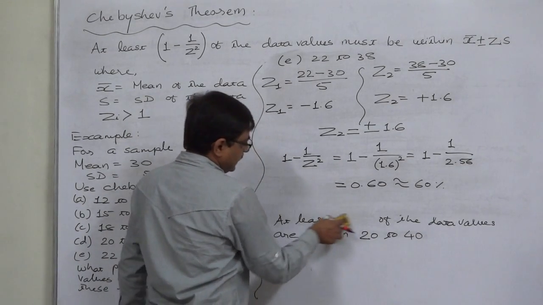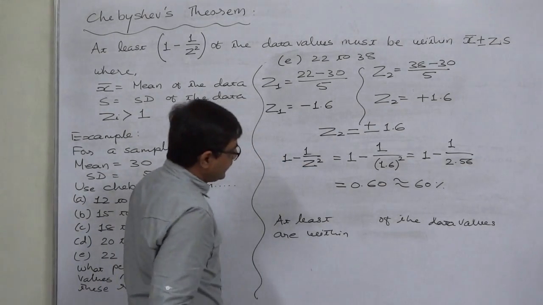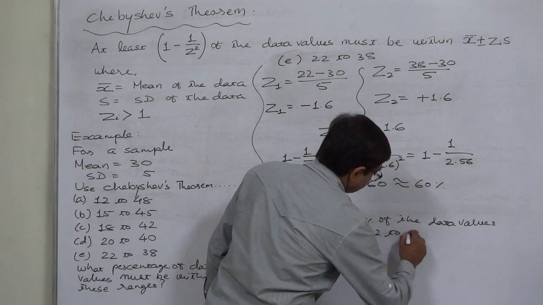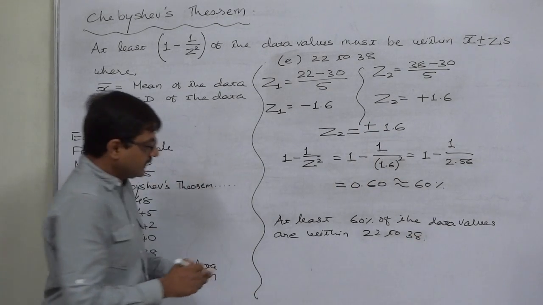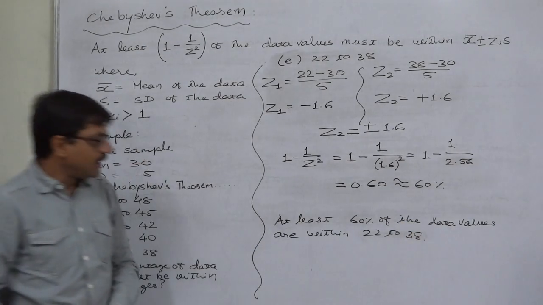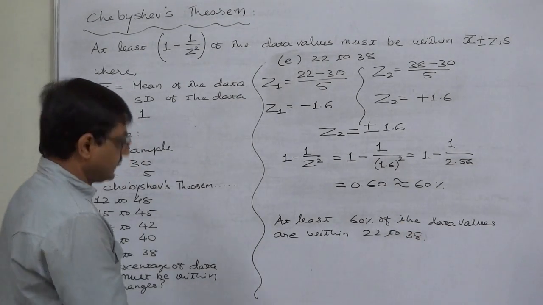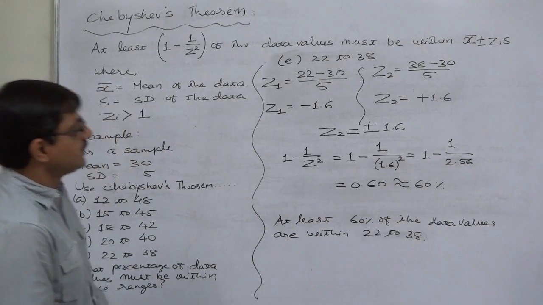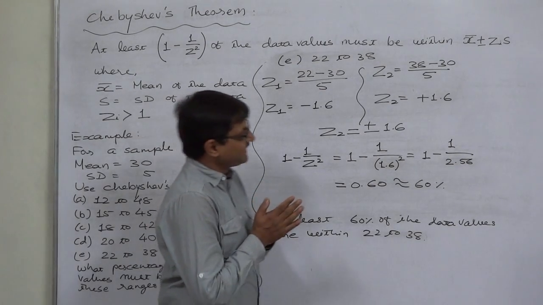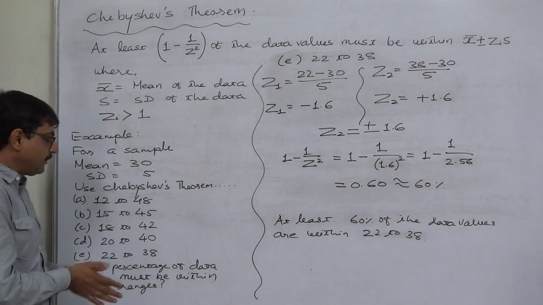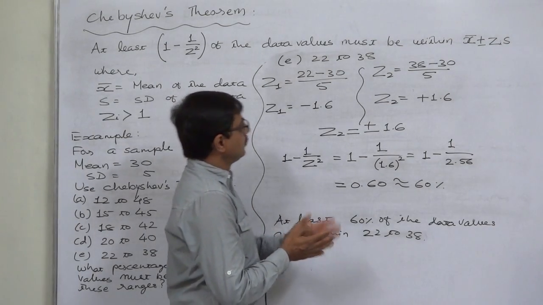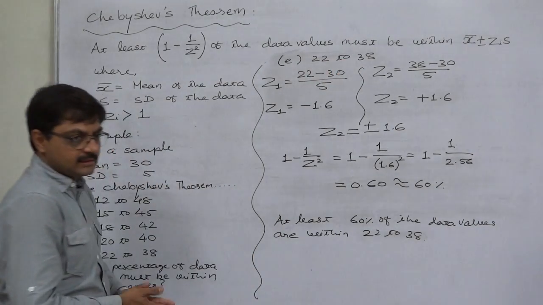That means at least 60% of the data values are within 22 to 38, or say from 60% to all 100% data values are within 22 to 38. So this is the interpretation of the percentage of data values which can be within a particular range of two data values, lower limit and upper limit. Yes, thank you.